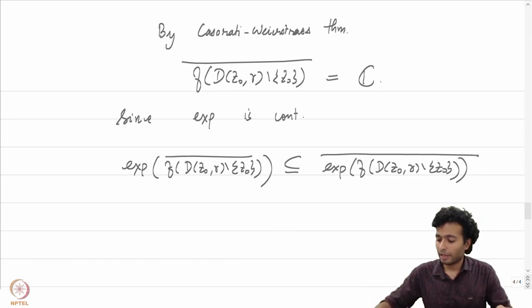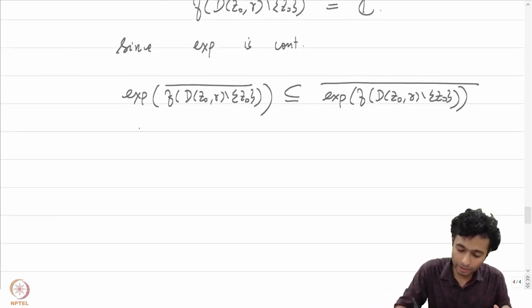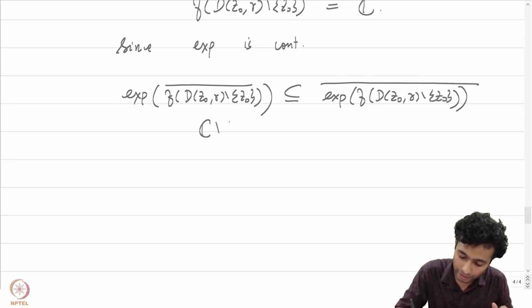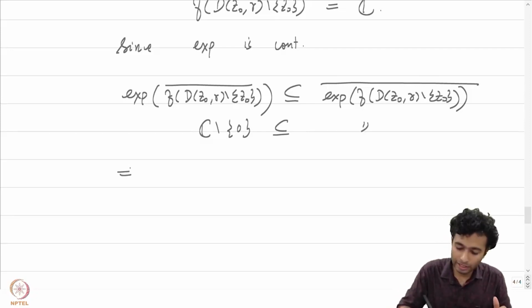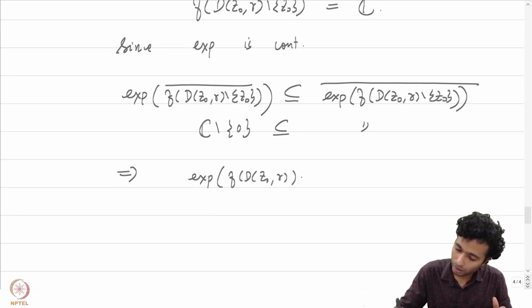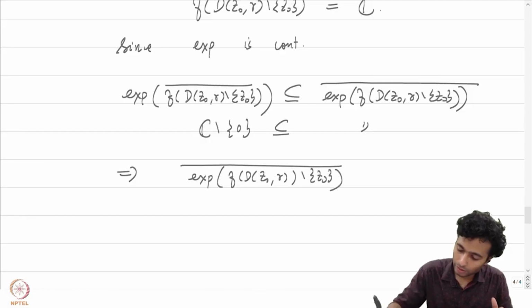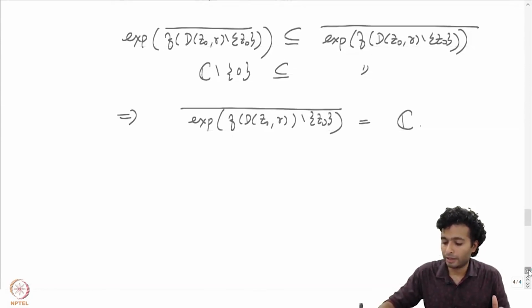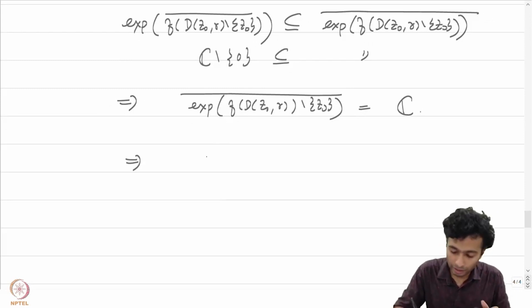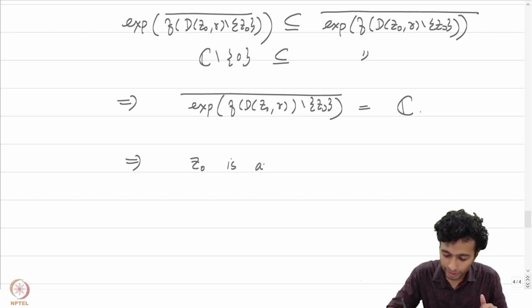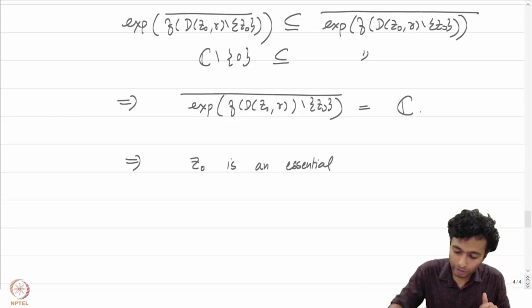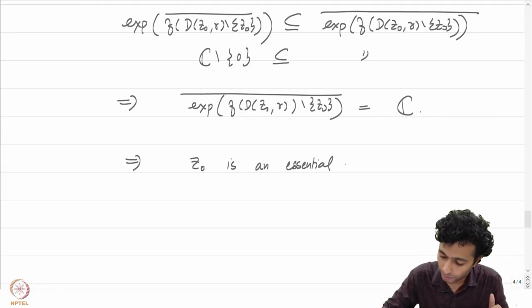And therefore, this is basically C. So this is going to tell us that C minus 0 is contained in this closed set, which means that the closure of exp of f of D(z0, r) minus z0 is going to be equal to C. And that tells us that this is going to be an essential singularity. This particular condition cannot happen if z0 is a removable singularity or a pole. Therefore, z0 is going to be an essential singularity.